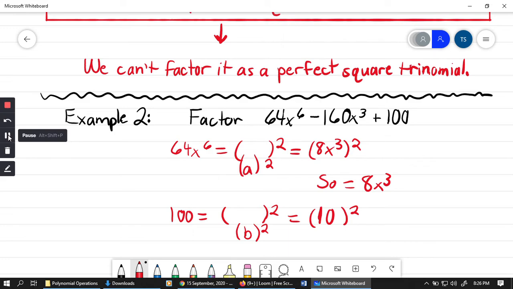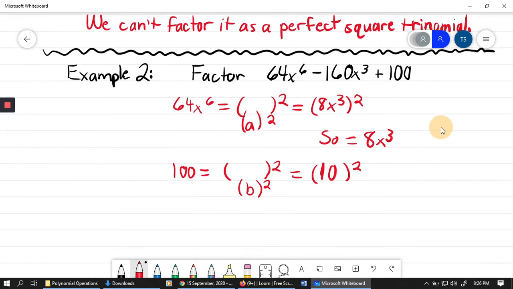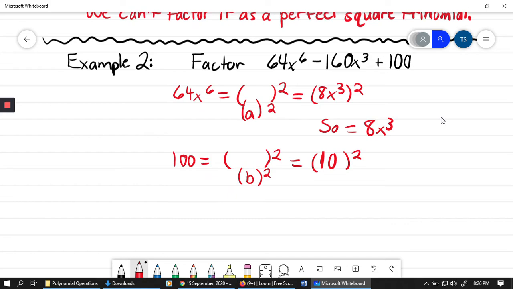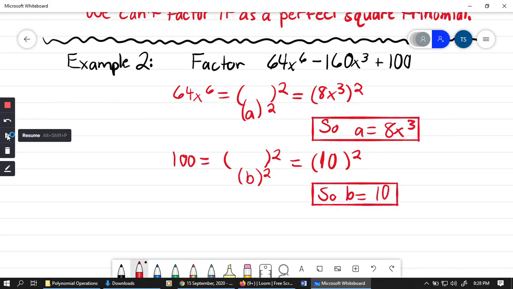Alright, so we see there that again, the square root of 100 is 10. That means that b must be equal to 10. Okay, so now let's make sure that our middle term is the same thing as 2ab.